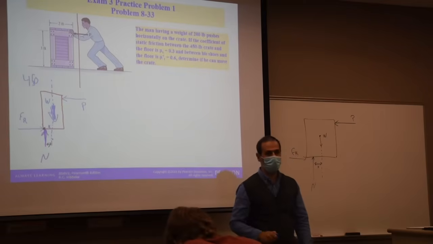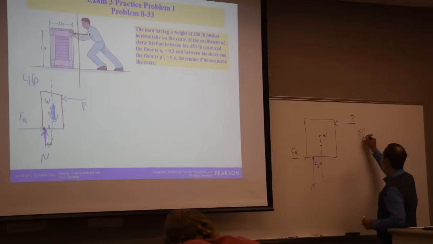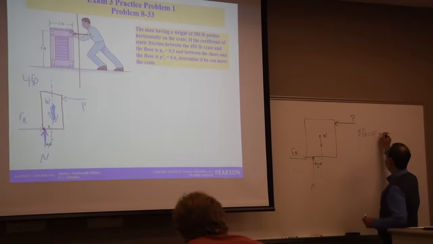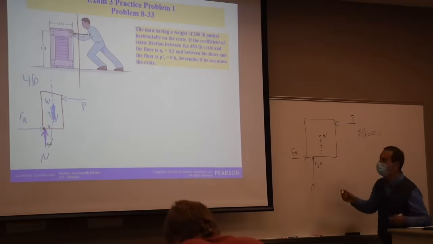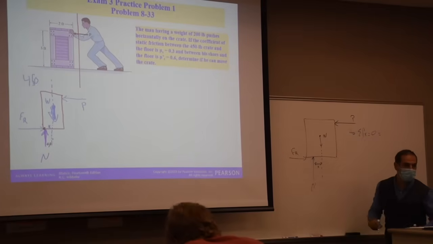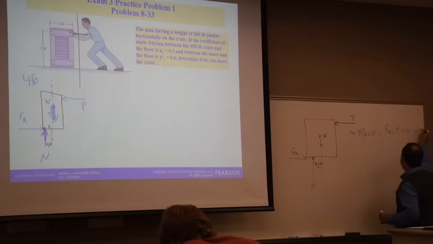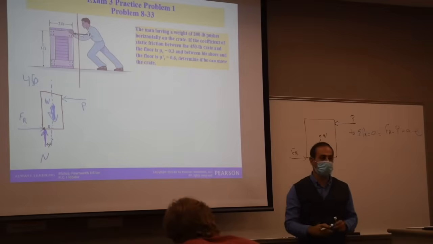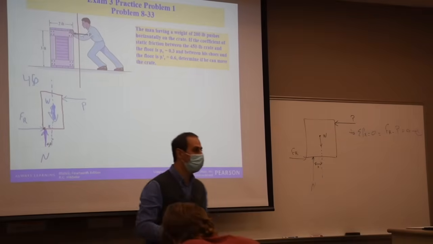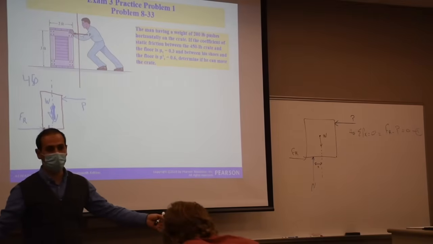Are we good? Now, for this free body diagram, summation of force on the x-axis should equal 0 if I'm at equilibrium. So, what do I have in the x-axis? To the right, positive. Correct? So, I have Fr minus P equal to 0. That's the first equation. We don't have anything else in the x-axis.